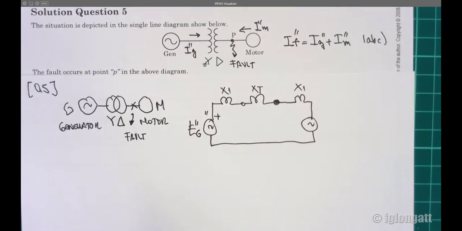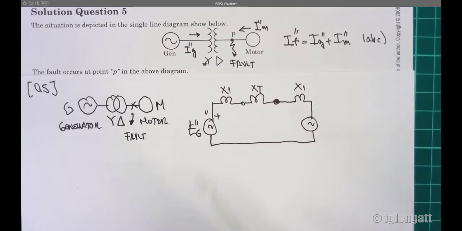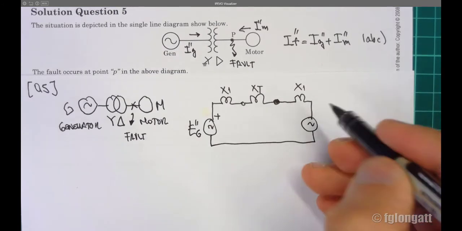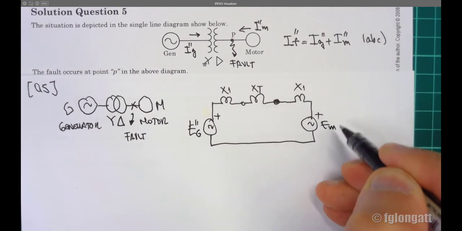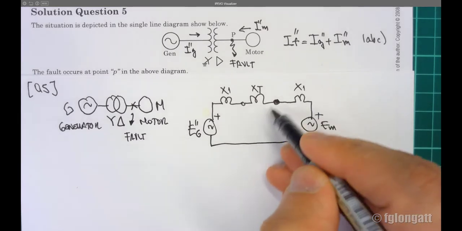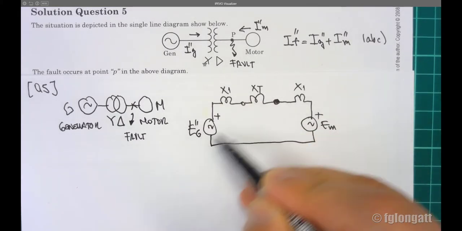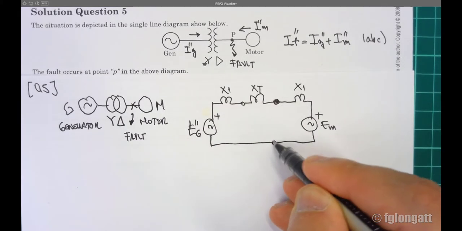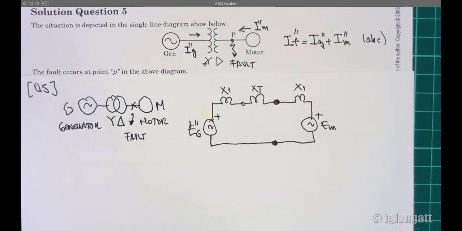This is the positive sequence network. As you can see over here, there are some voltage sources, internal voltages, and here we have the model. This is the transformer, this is the generator, and we can say this is the positive sequence.